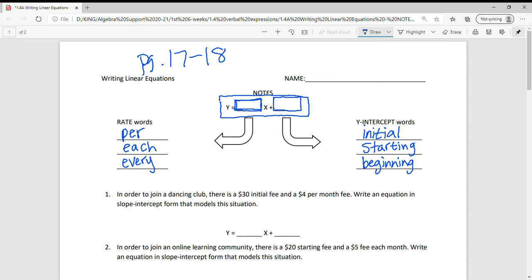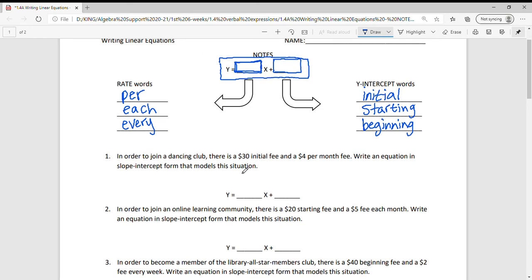So these are the words that we're going to be looking for in order to write our equations. And this will make more sense when we go through a few example problems. So let's take a look at number one. It says, in order to join a dancing club, there is a $30, and here's one of our words, so I want you to circle it, initial.